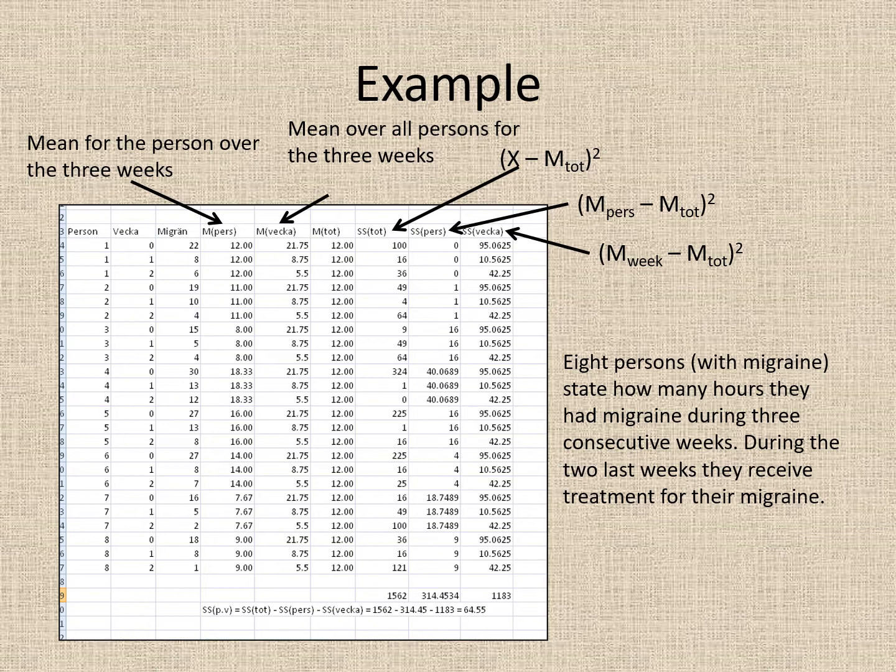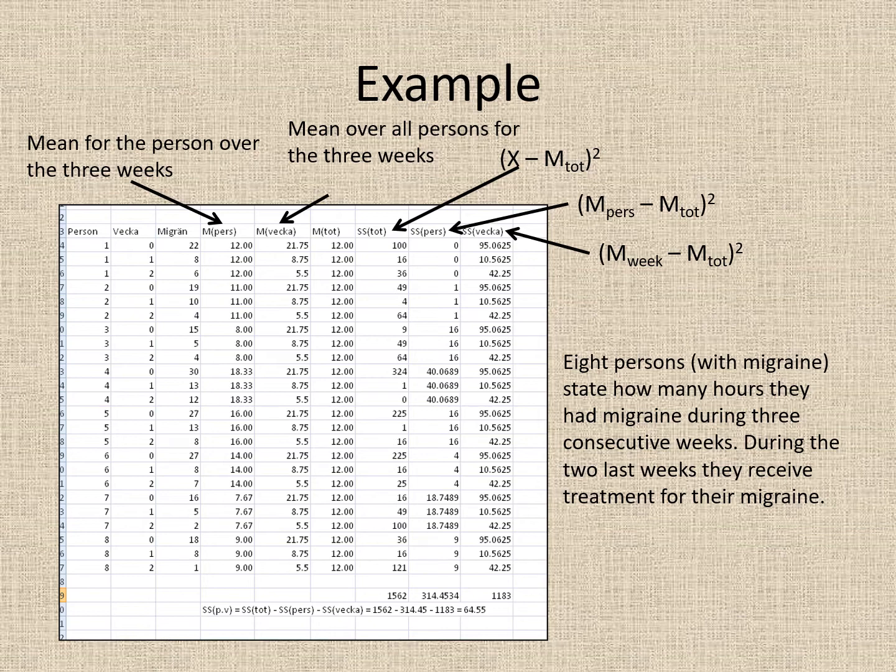We take the total sum of squares minus whatever can be explained by individual variation, minus the part that can be explained by measurement point, by which week it is. And what we have left here is our interaction. It's due to the interaction between person, individual, and week. So it cannot be explained by what individual the data comes from and what week it is. So it's the same as our error sum of squares.